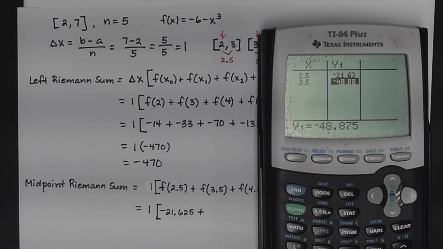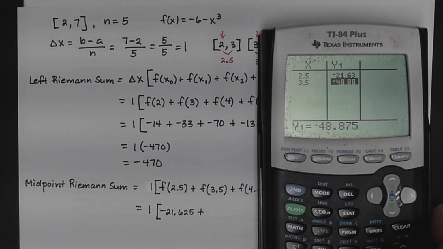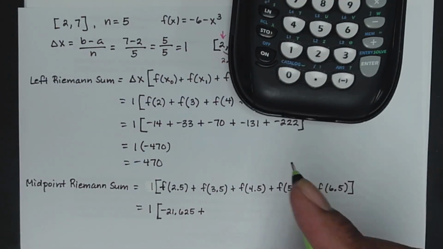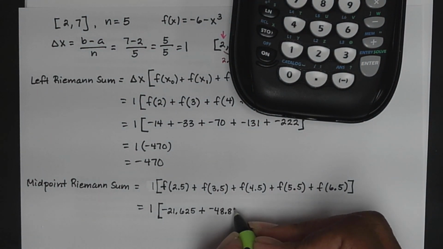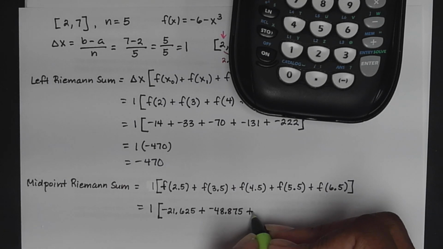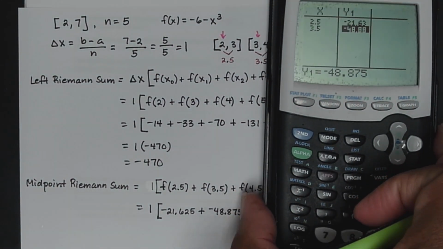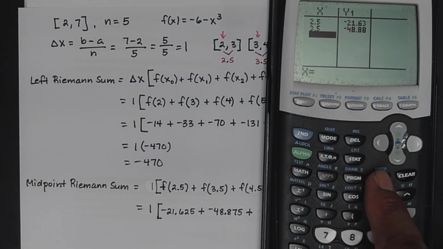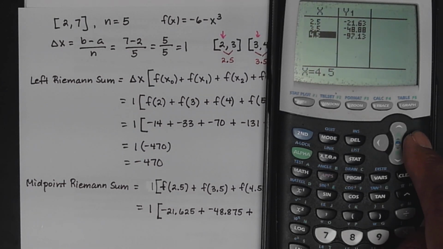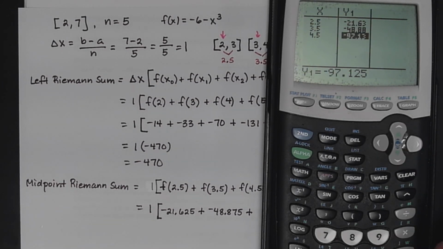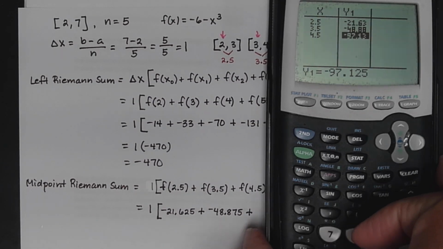Let's see what that exact value would be, negative 48.875. Plus, and then down arrow, 4.5, type that in. I'm going to use my up arrow and go to the right. It'll be negative 97.125.